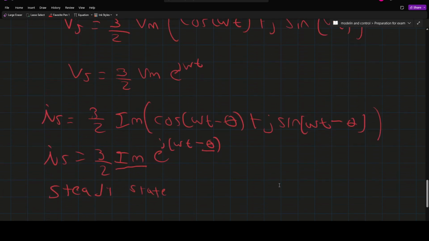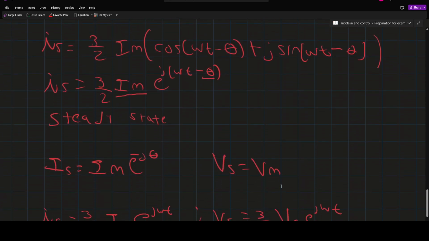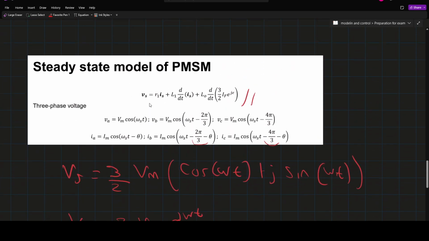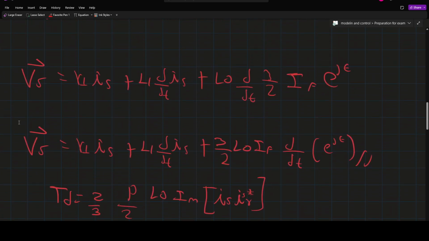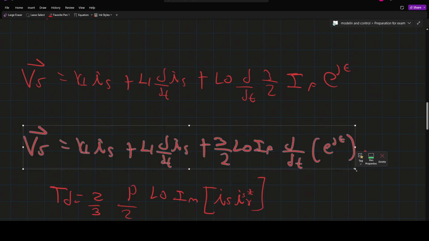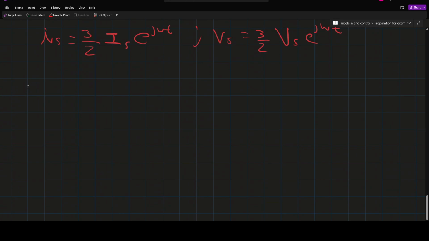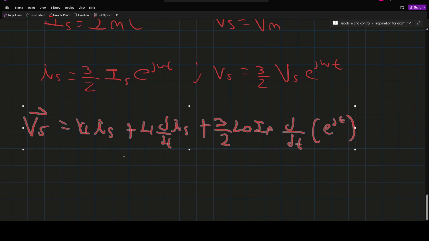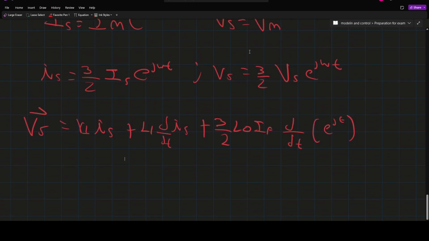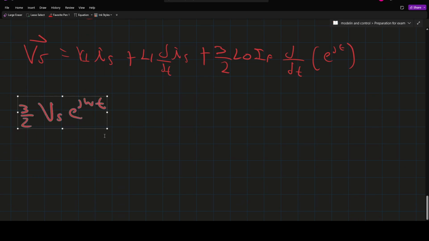And now if we go back to the voltage equation that we figured out in the last video, we're gonna change it for our steady state representation of the voltage and the current.